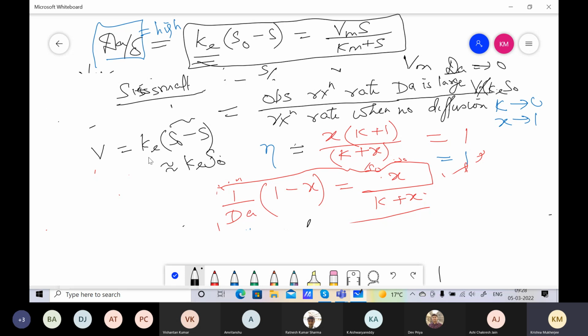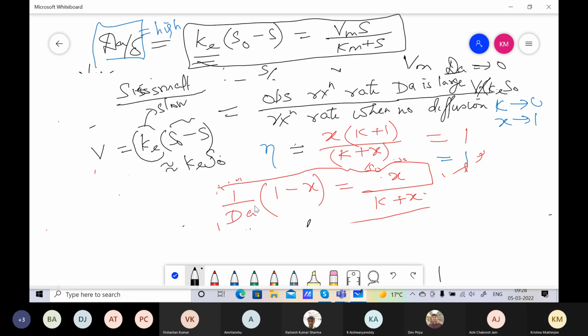If the rate of diffusion is low, slow diffusion, then obviously to match the reaction rate, S0 minus S has to increase, right? This is a standard Ohm's law kind of logic which we use for all mass transfer and diffusive processes, right?